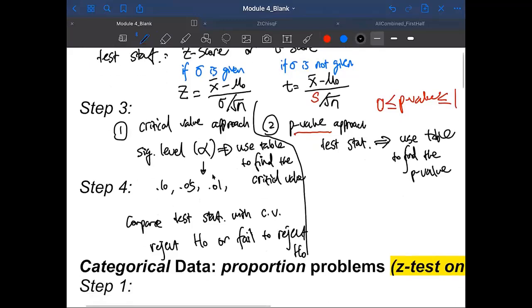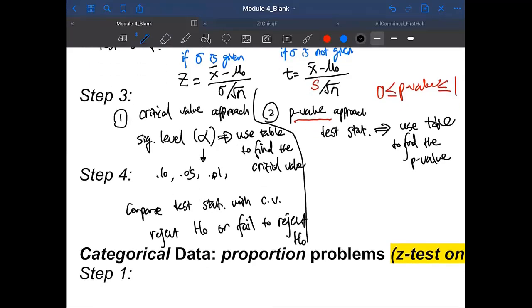After you find a p-value, you can make a conclusion. I'm talking about step 4 here. What you're going to do is compare your p-value with alpha. I know there are a lot of things I want to emphasize here because they are all super important.